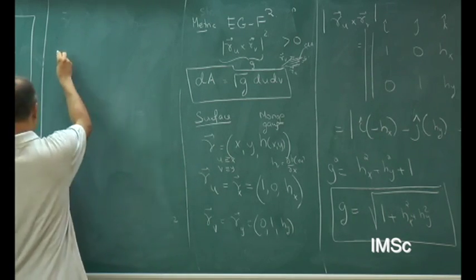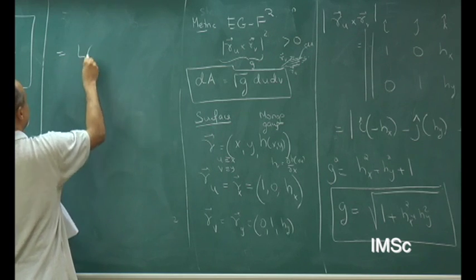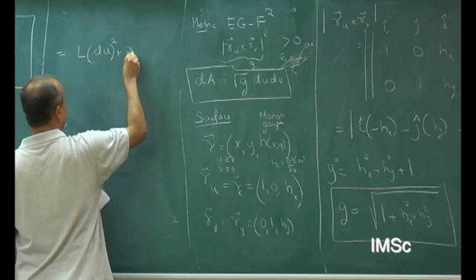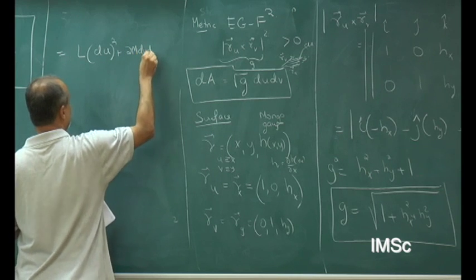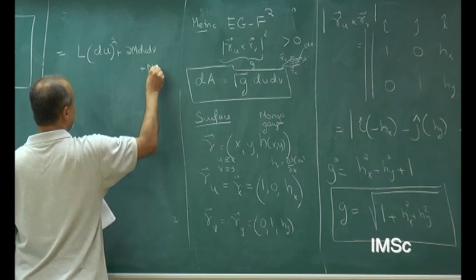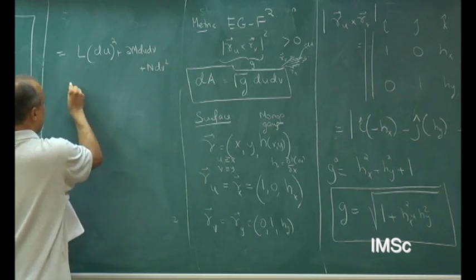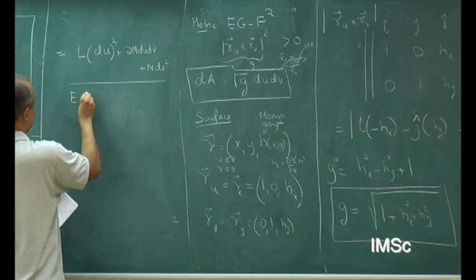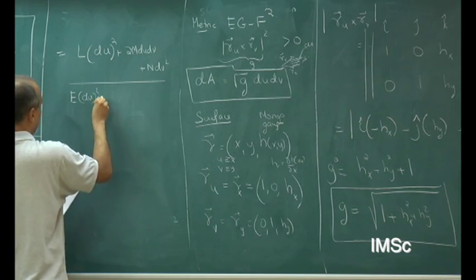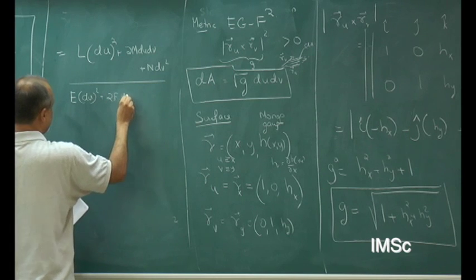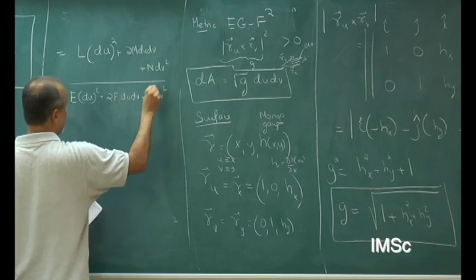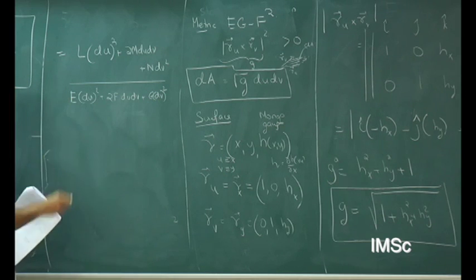So this quantity is just L times du squared plus 2m times du dv plus n times dv squared, and it must be normalized by E times du squared plus twice F times du dv plus G times dv squared. This is what we calculated earlier.